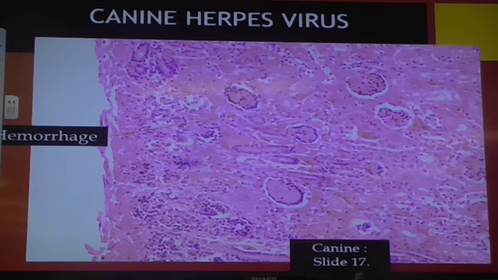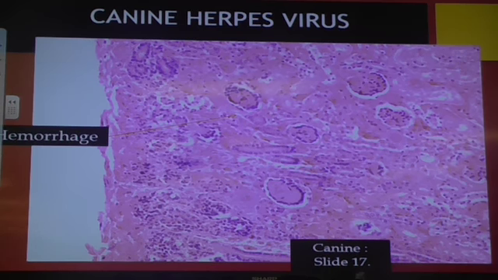I wouldn't worry too much about being able to tell on the H&E section what it is. For right now, I just want you to make sure you know what the disease causes. So when you have a case of herpes, you're like, okay, my kidneys are shot because we have necrosis and hemorrhage associated with it.